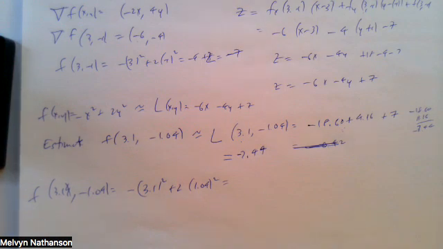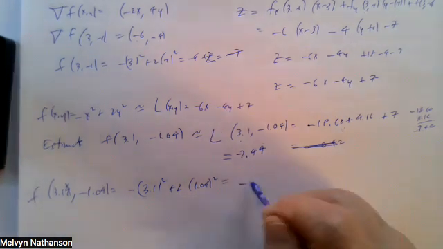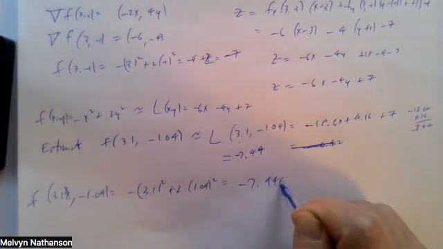So this is minus 3.1 squared plus 2 times 1.04 squared, and this is exactly minus 7.4468.